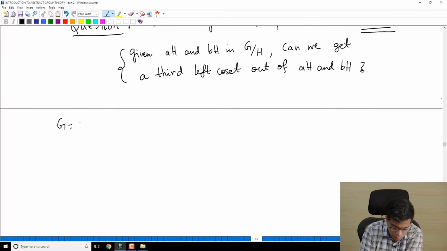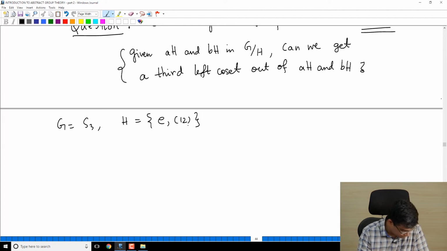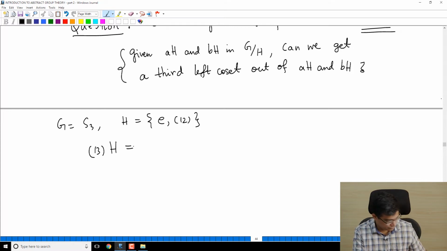So I'm going to recall for you the example we worked out. Let's take G to be the symmetric group on 3 letters and H to be the subgroup {e, (1 2)}. If you recall, we computed the cosets of this very carefully. In particular, we computed what (1 3)H is, and I'm just going to write this, since it is something that we already did.